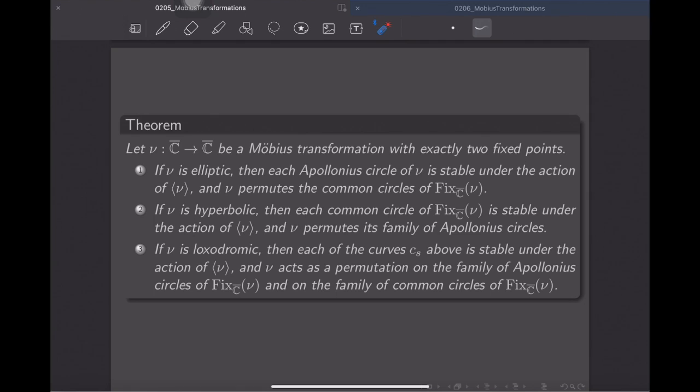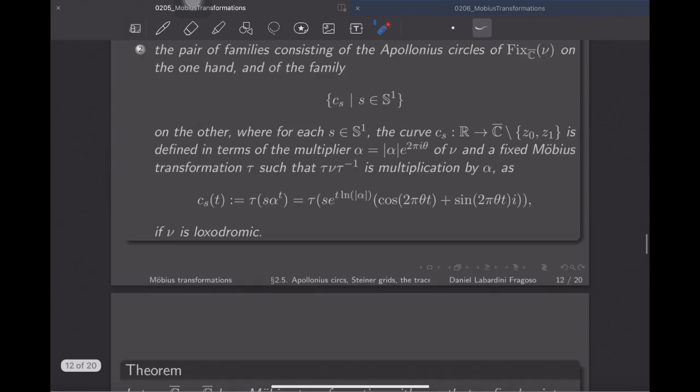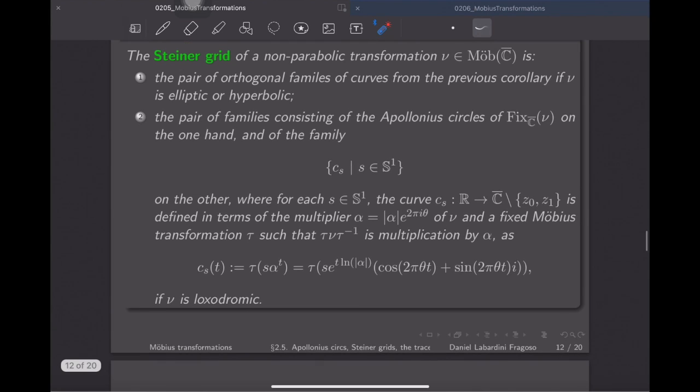And we saw some animations, right? So some examples. In the loxodromic case, each of these loxodromes, and they are not arbitrary loxodromes, right? Because they are defined in terms of the multiplier. So they are not arbitrary.